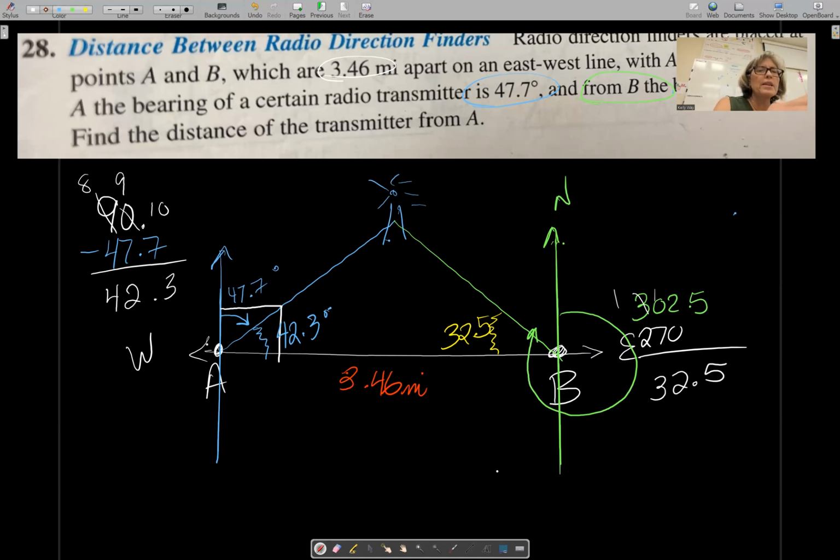We need to get this angle across from the side length in order to work with that. So we add 42.3 plus 32.5, 74.8. Take it away from 180.